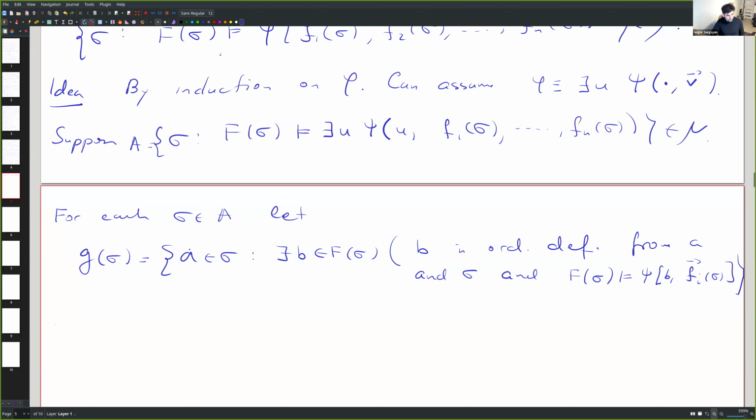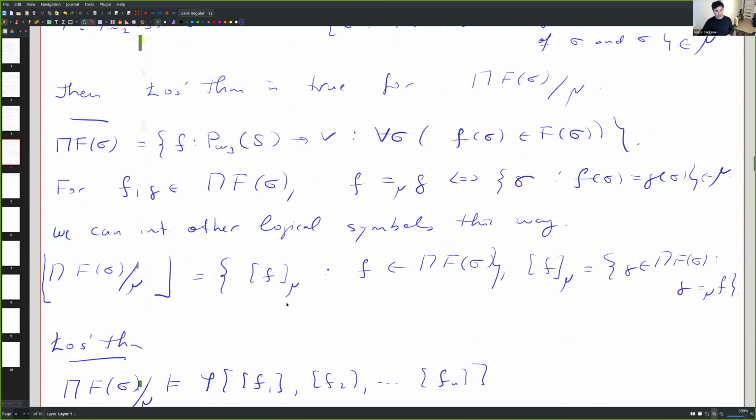So we know that mu-almost all sigma, g sigma is a subset of sigma, because we assume that f of sigma is a subset of HOD sigma. Its members are also definable.